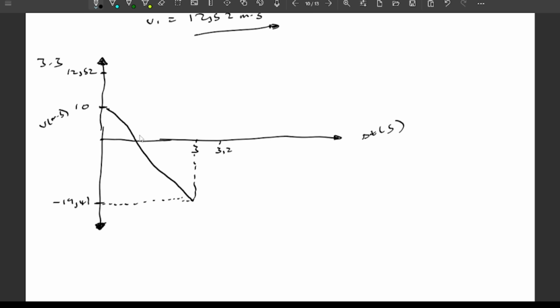All right, since it bounced, it was in contact with the ground for how much? For 0.2, and this is the 0.2. Then we start here. We went upwards with a certain speed, which was the V initial, 12.52, and we're done.